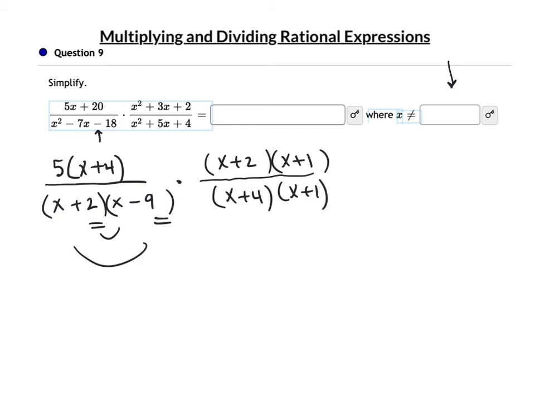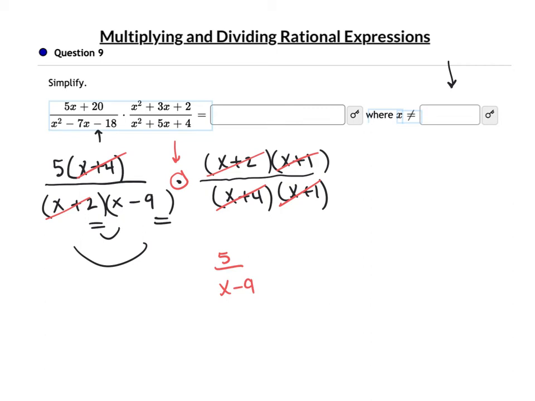We can cancel because anything divided by itself is 1. I got an x plus 2. I'm multiplying. That's what allows me to cancel. I got an x plus 1. I just need something in the numerator and the denominator. Well, look at that. I got an x plus 4. Anything divided by itself is 1. Looks like my answer is 5 over x minus 9.